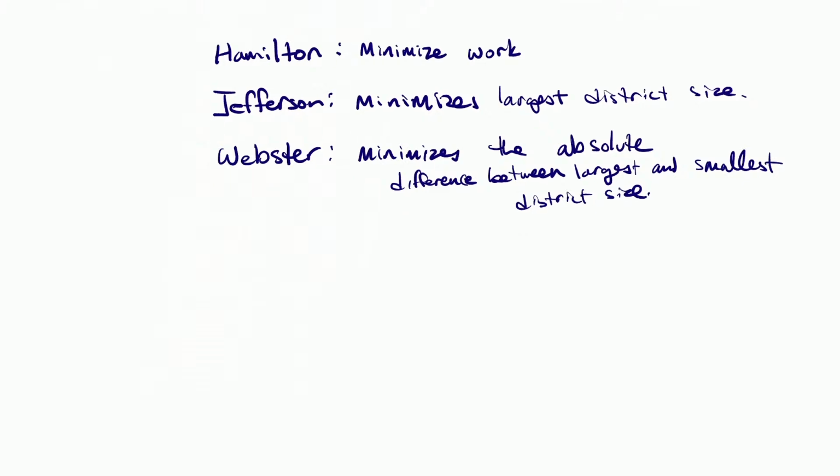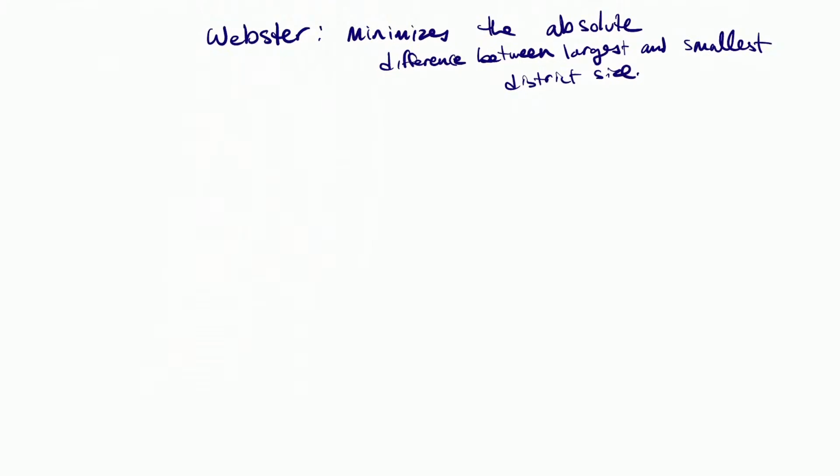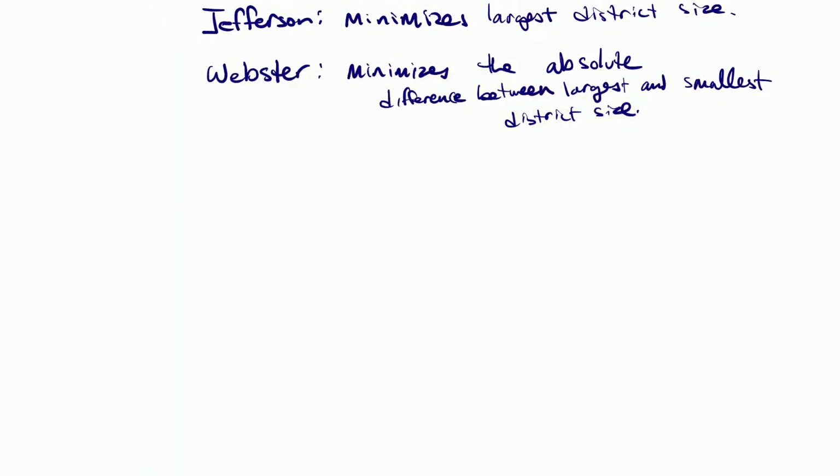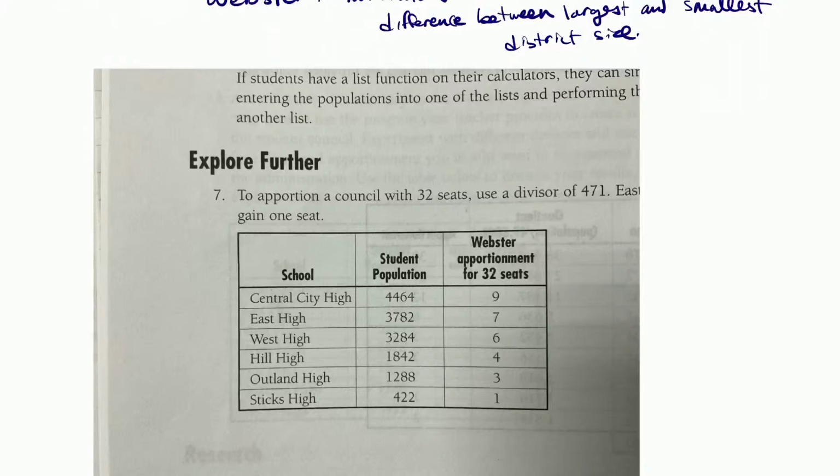So here, let me show you this. I'll put it up on the screen too for the people who are watching from home. Let's take this picture, and then I can write on it. So what in the world does this mean, minimizing the difference between largest and smallest district size?